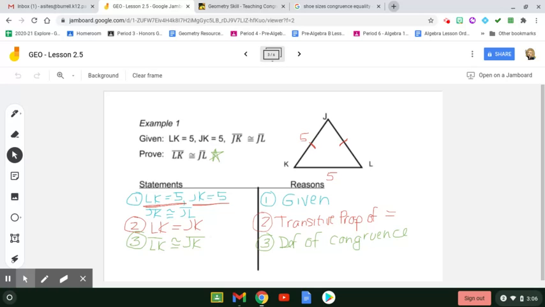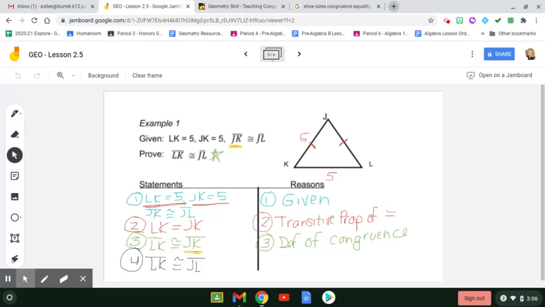Do you notice here that you have your middleman? Look at segment JK. You have that repeating in both of those. So you can actually take out your middleman right now of segment JK, and we can go right into that last statement and say that segment LK is congruent to segment JL because, well, what's that one about middleman?